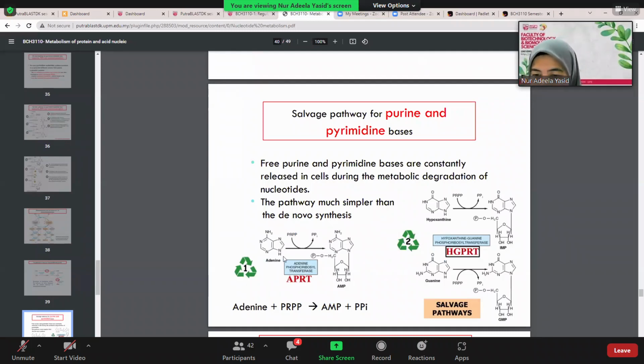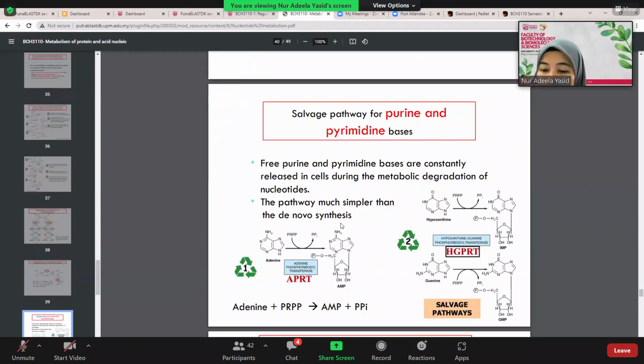One is APRT, which is adenine phosphoribosyltransferase, that mediates the AMP formation using PRPP from adenine. So adenine reacts with PRPP, mediated by APRT, to form AMP.